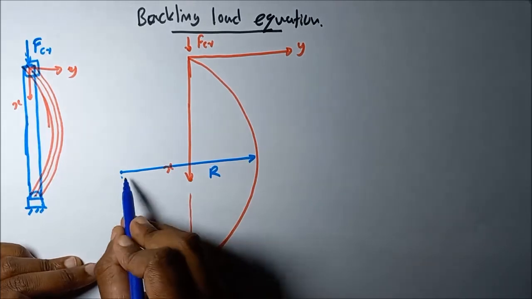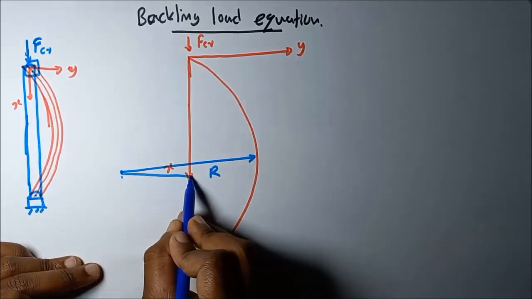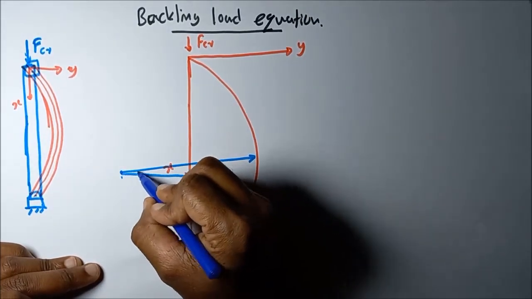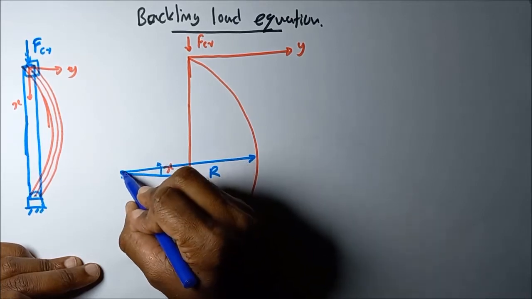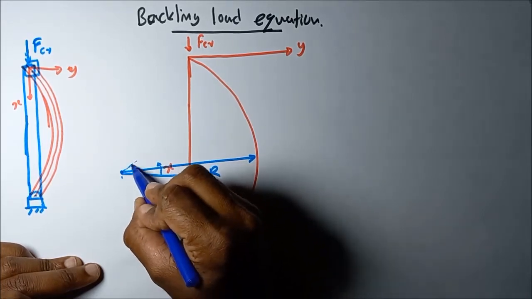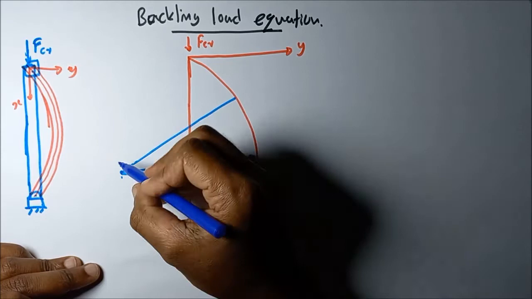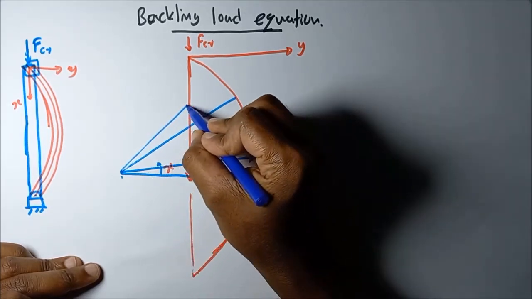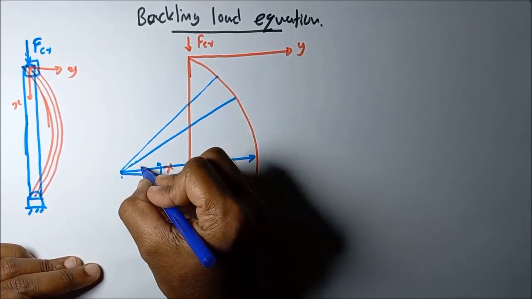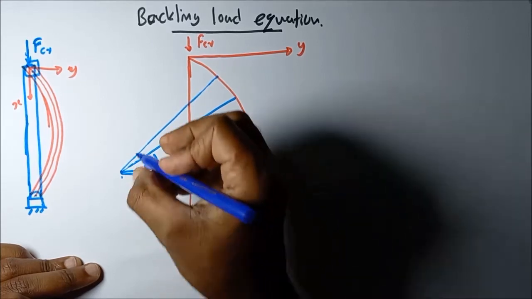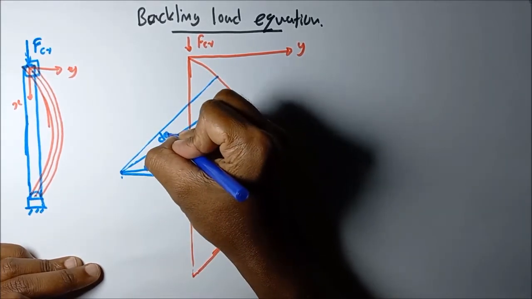Then let's take the r theta coordinate system. Theta we are going to measure in this direction. Let's take this kind of point. This angle, let's take d theta.